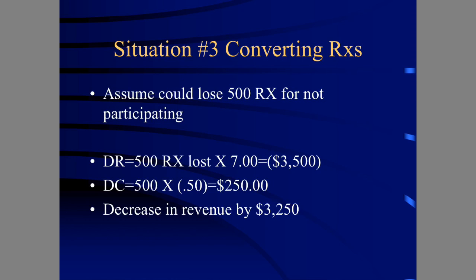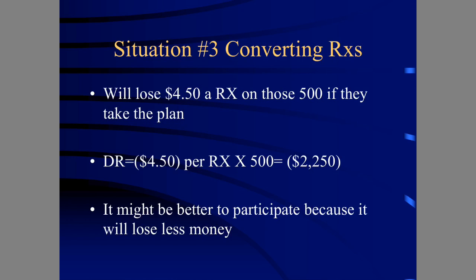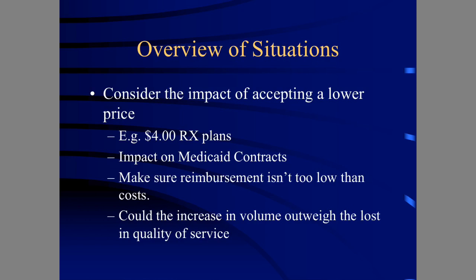I would lose 3,500, whereas at least I'm going to still retain some of that profit. So I think that is a great example of looking at whether I participate in a preferred network or not. Now, it's not that simple of a formula because you've got to think about the DIR fees. But when we talk live, Tom, I'd love to talk about this because I think this is something that we have to.